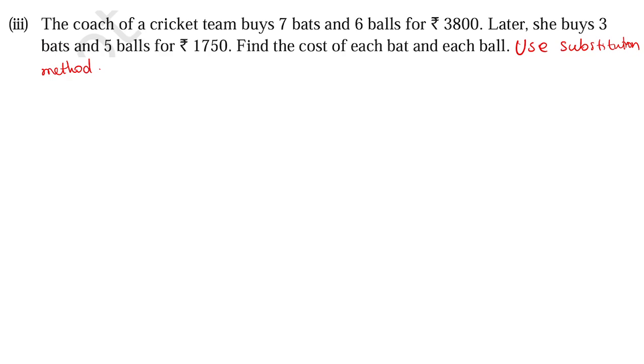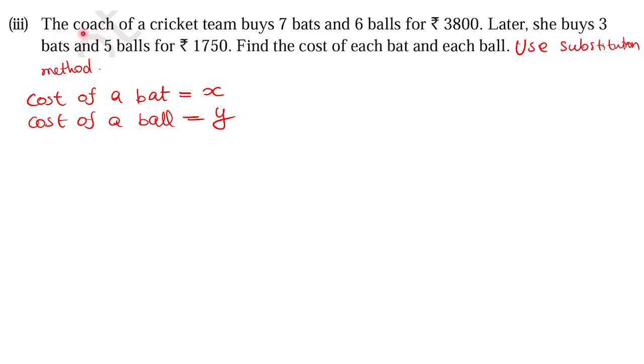So let us assume that the cost of a bat is X rupees and the cost of a ball is Y. We assume that because that is our question. Find the cost of each bat and each ball. So I started with an assumption, cost of a bat X, cost of a ball Y. I want the value of X and Y.